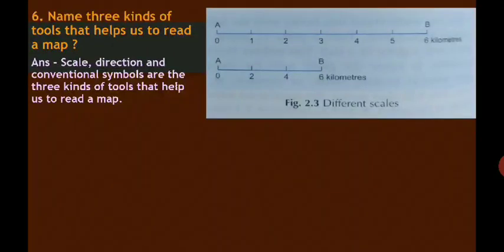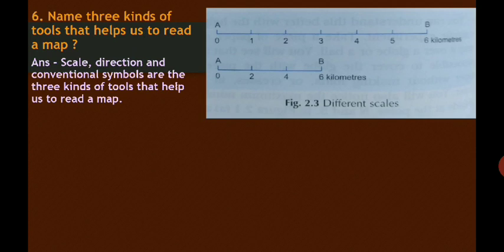I have told you what scale is. When we have to draw a map, we have to take a scale, as we cannot draw a map with the actual distance on the ground. There are different kinds of scales we can use as our choice or as a need.